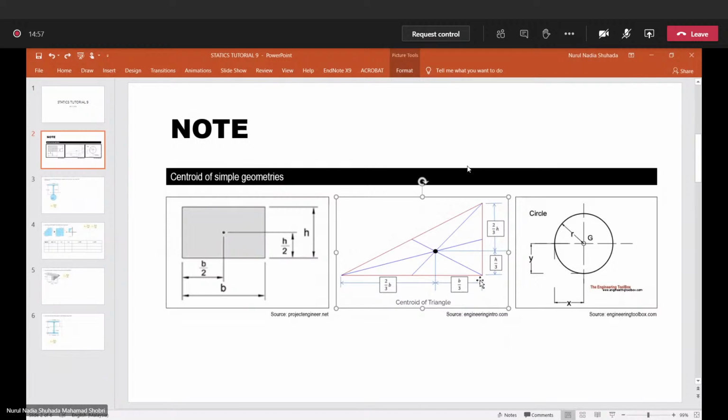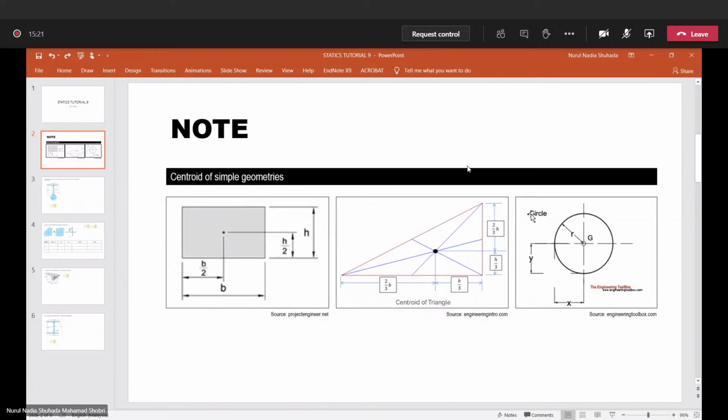If you calculate from the acute angle here, it should be 1/3 times the base. But if you calculate from the angle on the other side, it should be 2/3 times b. Same goes for along the y-axis.